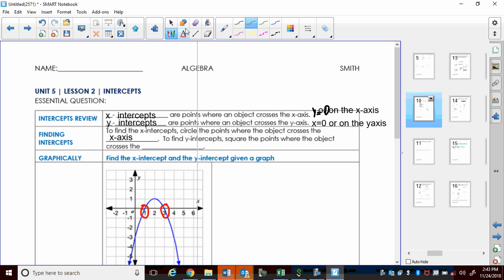The way we denote them is a throwback to when we did the unit on set notation, because we're talking about x values. These are points, x, y. Remember, y equals 0, so these points are x-intercepts.